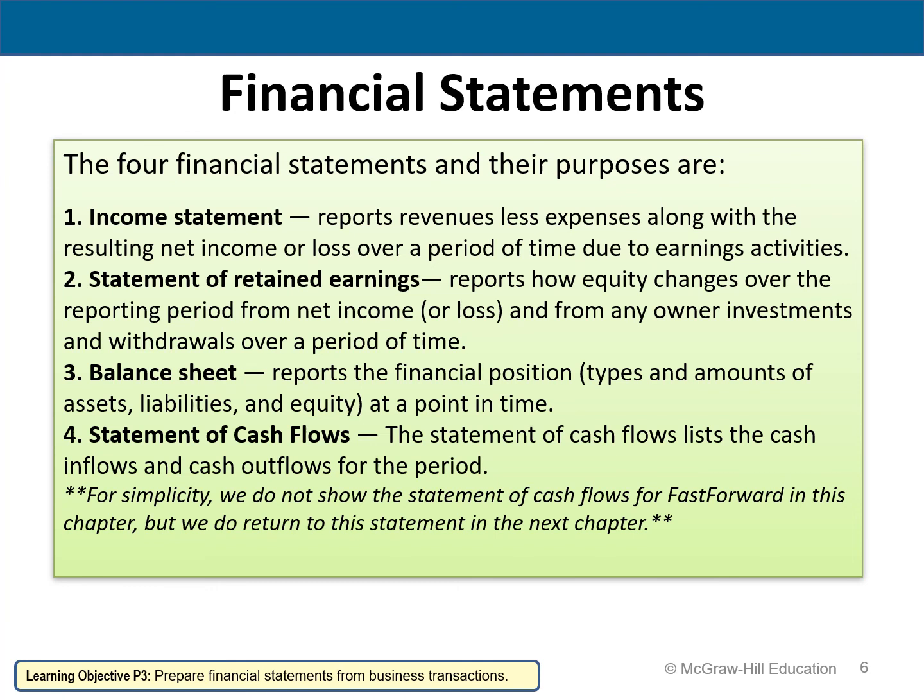Every single asset added up, every single liability added up, every single equity. Add total liabilities and total equity, and they should equal total assets. Statement of cash flows. I went into the theory behind that in chapter 1, so we can kind of stick a pin in that because it doesn't come back until later in the term.